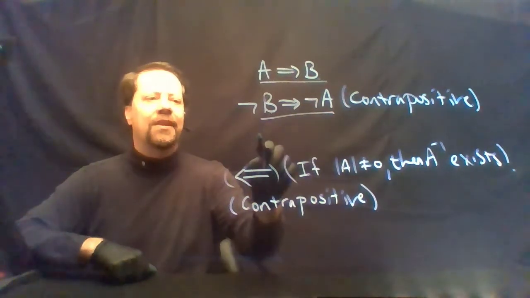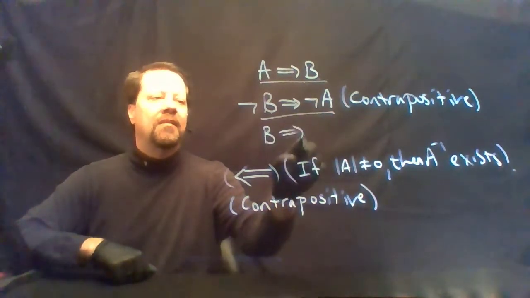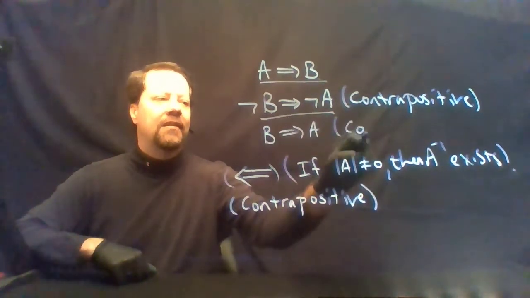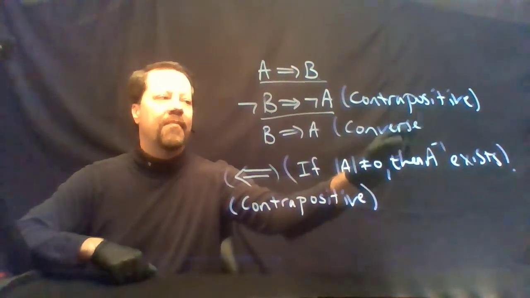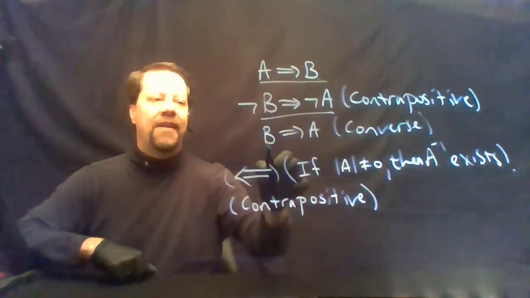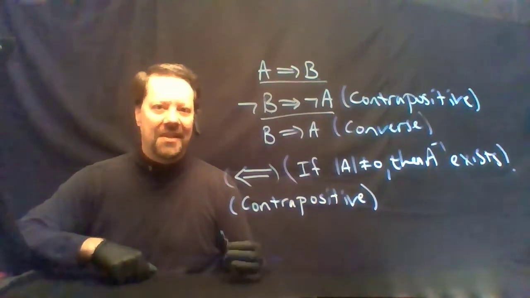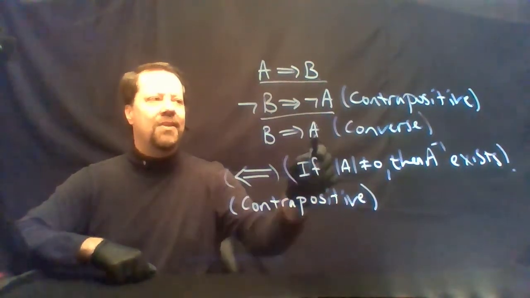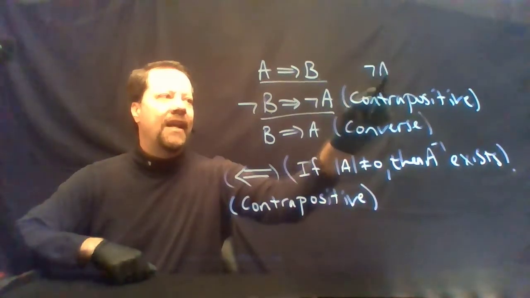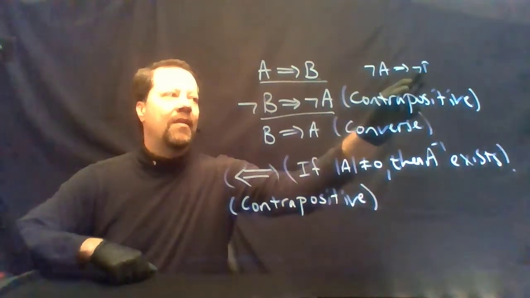That's not true for the converse. B implies A is called the converse. If I am in France, then I am in Paris. That's not necessarily true. There's also the inverse, not A implies not B.